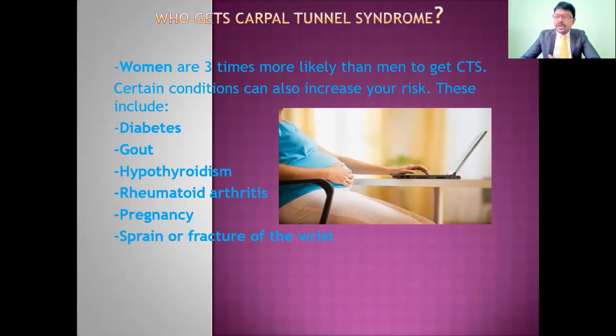And next, rheumatoid arthritis. Rheumatoid arthritis is also an inflammatory joint disease. Because of the inflammation of the joints, there may be inflammation in the flexors, especially in the wrist joints. Because of the inflammation, swelling may happen and compress the median nerve. Especially in rheumatoid arthritis, small joint involvement is more; initially the small joints are affected rather than the larger joints.